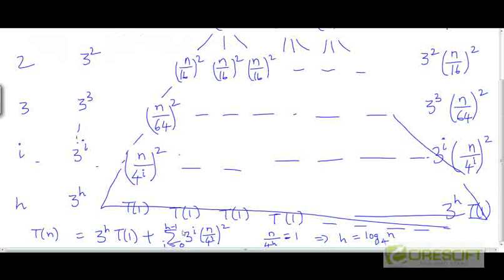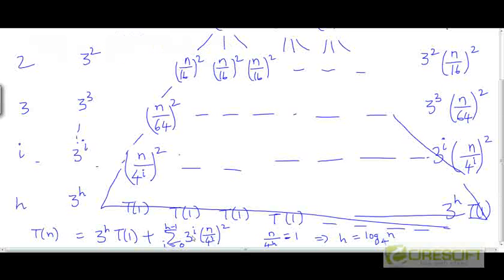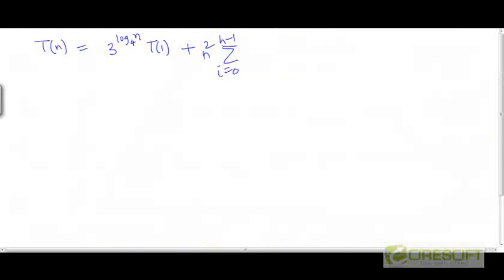Well, we can take n square out of this summation. So we can take n square out, and we can group together 3 to the power i and 4 to the power i squared. So we can express this as 3 by 4 squared whole thing to the power i.